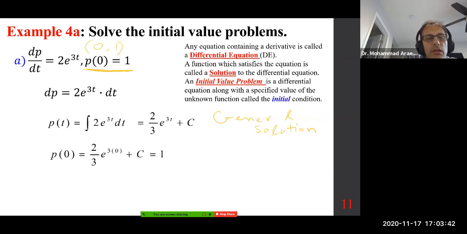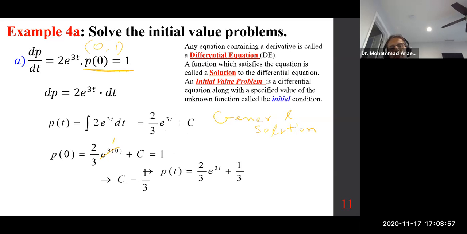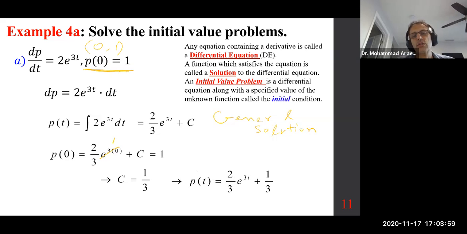Of course, 3 times 0 is 0, e to the power of 0 is 1. So 2/3 plus some number is 1, and that becomes simply 1/3. Now you replace that, and this is a specific solution, okay, particular solution.